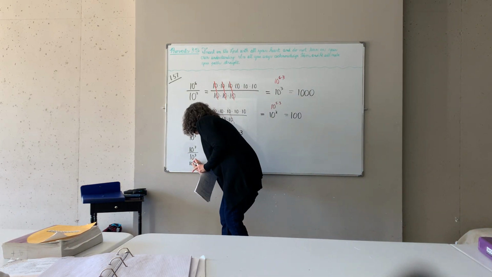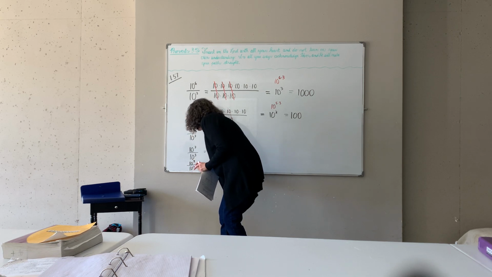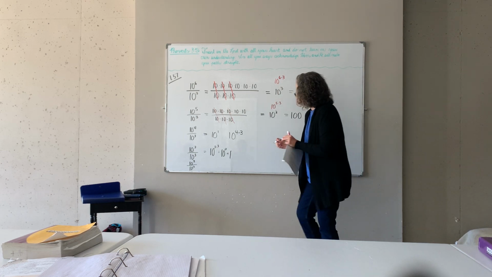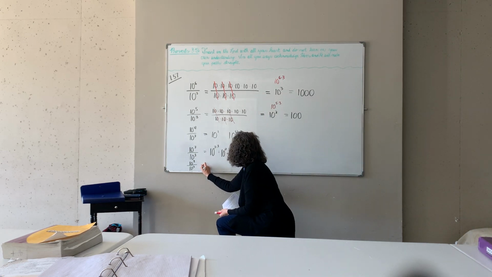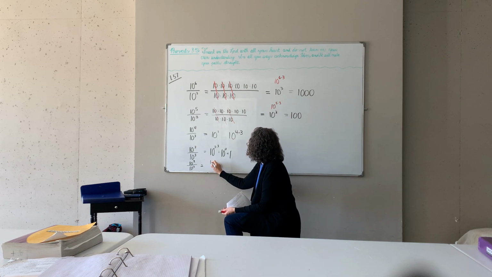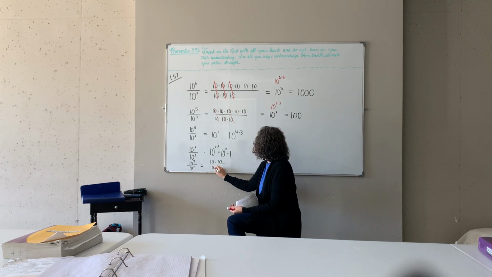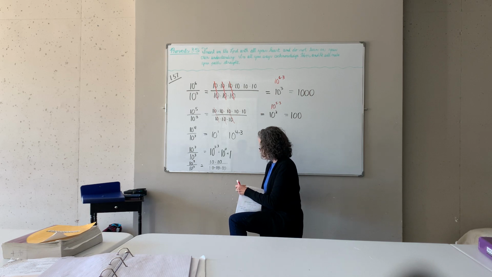What if we did 10 to the 2 over 10 cubed? Does it still work? All right, let's see if we can figure this one out. Let's write it out the long way. That would be 10 times 10 on the top. What would be on the bottom? 10 times 10 times 10. What would I cancel? The 2 tens.